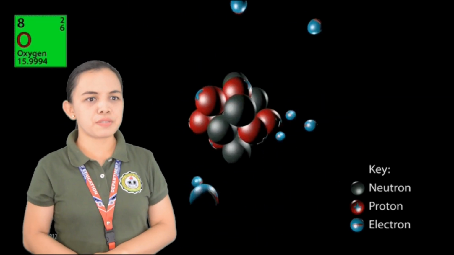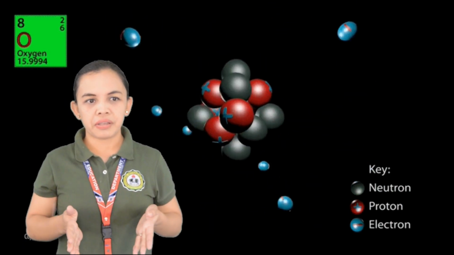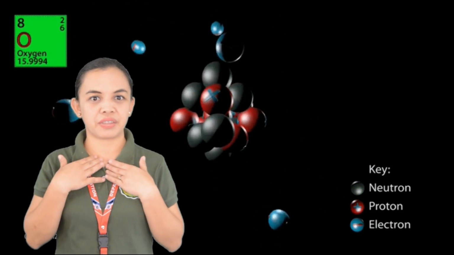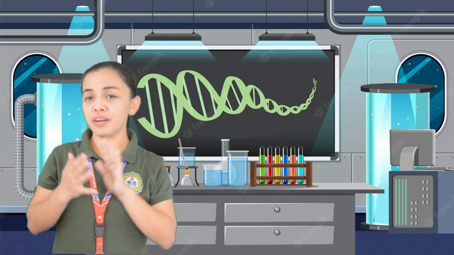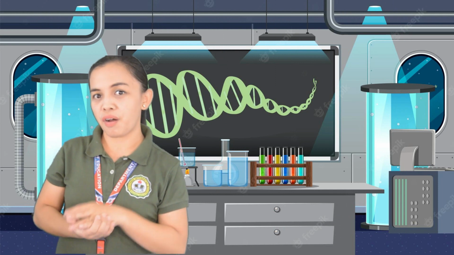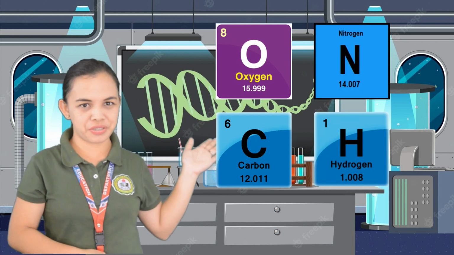Oxygen takes the largest percentage of the elements in our body. We definitely need oxygen for us to survive. In fact, we also have carbon and helium, which are very important and present in our body. There are also elements that are present in our human body, like oxygen, carbon, nitrogen, and hydrogen.